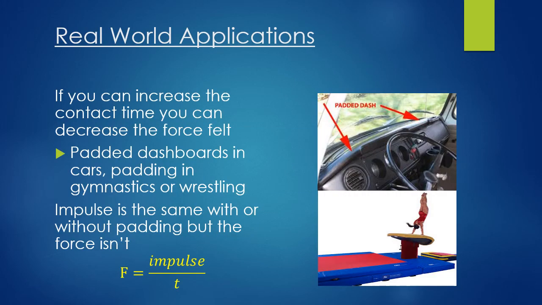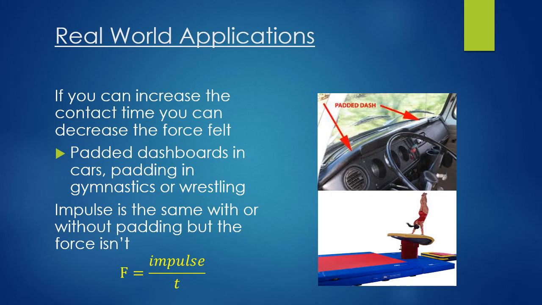So let's look at some real-world applications using this inverse proportionality. So we just said if you can increase your contact time, make the time go up, you can decrease the force. And this has been very helpful in the real world. So this is the reason that we have padded dashboards, for instance, in cars.